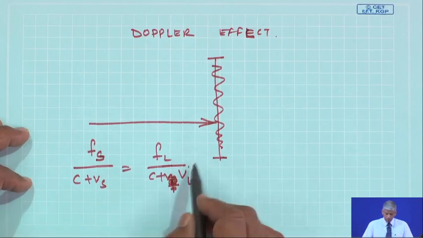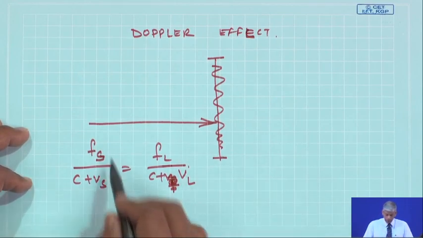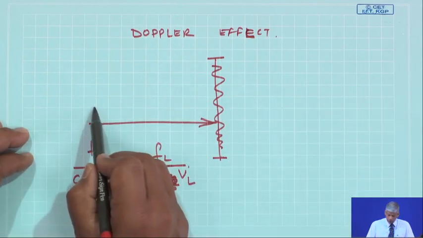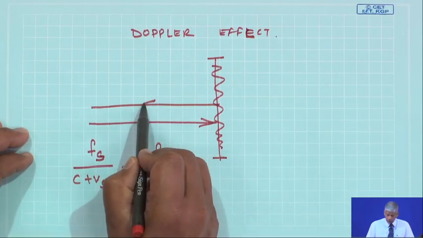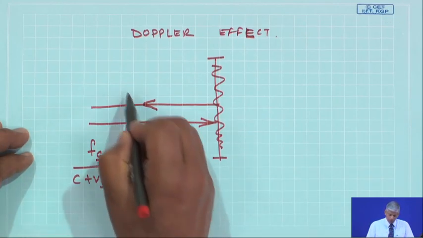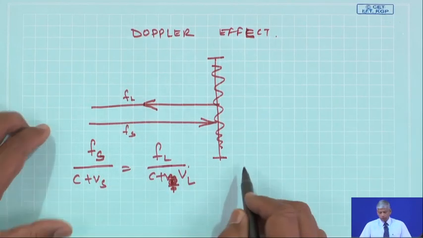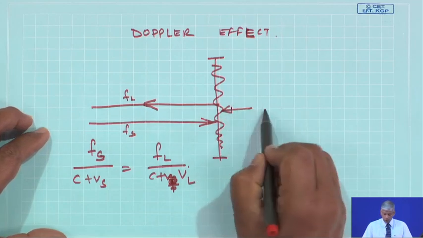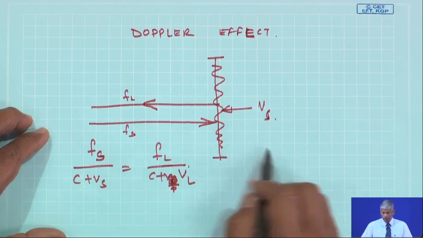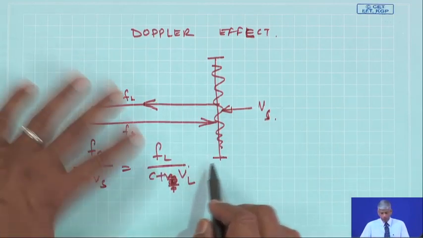So, what happens when I am sending a laser beam? Because of these vibrations, it is going to get reflected back. Now, there is a frequency shift because of the vibration of the source. Of course, you have to make sure that the right sign conventions are there.